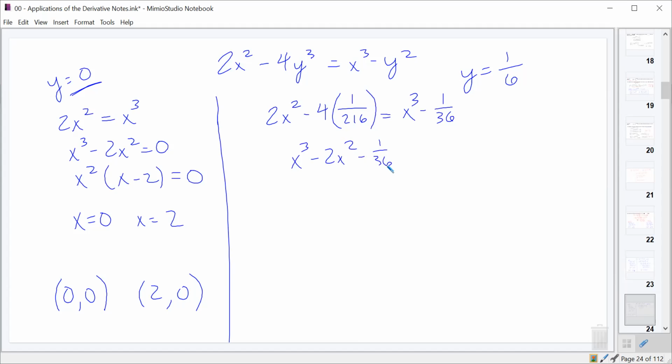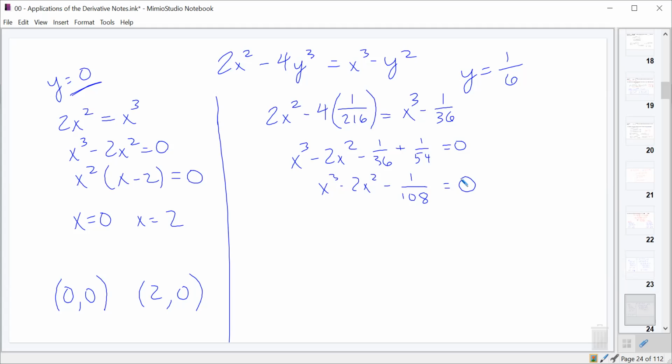And then negative 4/216 auto reduces to a negative 1/54. And when I bring that over, that's a plus 1/54 equals 0. Or x cubed minus 2x squared. And then the common denominator there is going to be, looks like 108. So 1/36 is 3/108. 1/54 is 2/108. So negative 3 plus 2 is negative 1/108. And we'll set that equal to 0.